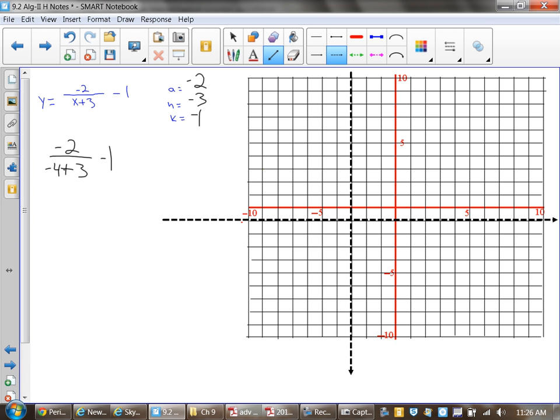What's -4 plus 3? What's -2 divided by -1? And it's -2 over -1, minus 1. So it's 2 minus 1. You said it's -2 minus 1. Yeah. -1. Anyway, so at -4, I know it's going to be at 1.